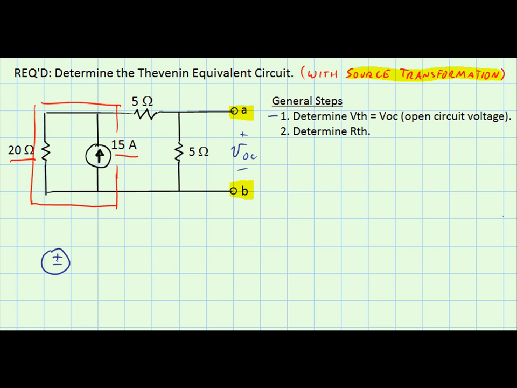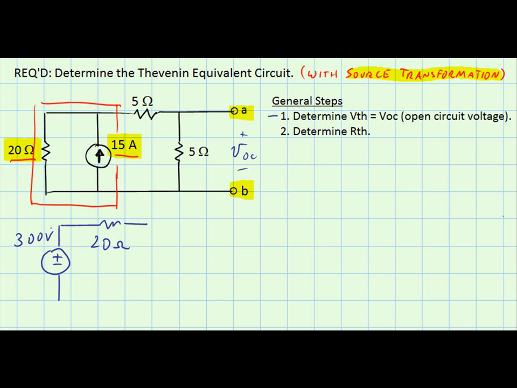Here's a voltage source, and that voltage source will be put in series with the same 20 ohm resistor, and the value of the voltage source is going to equal the current source times the resistor. So 15 times 20 is 300.